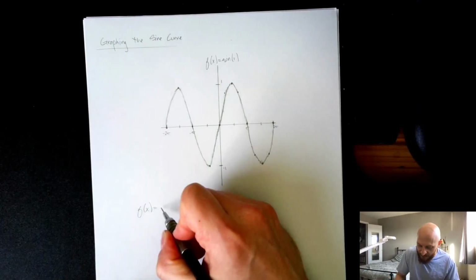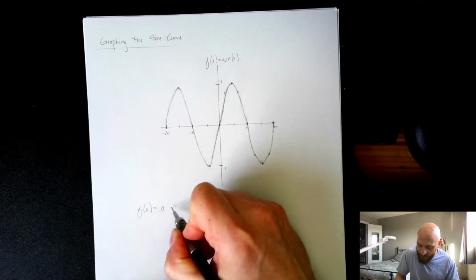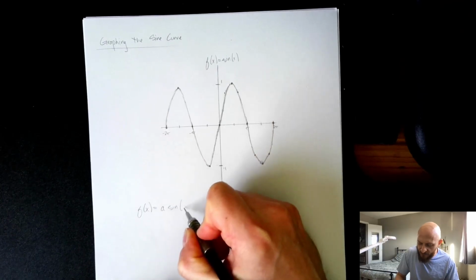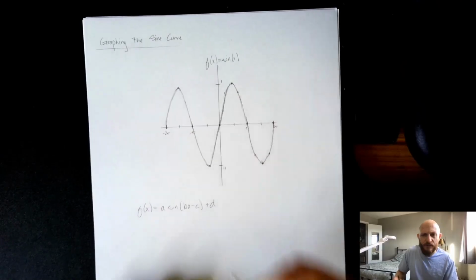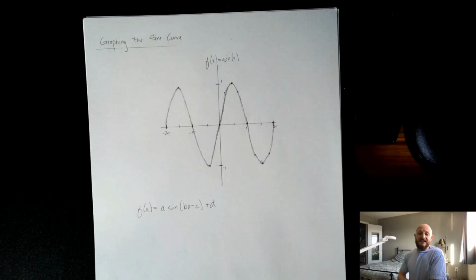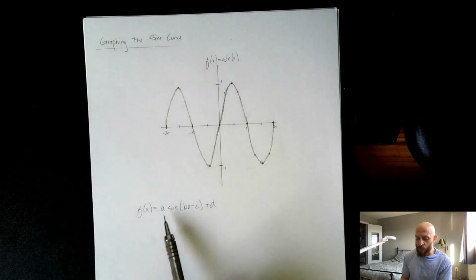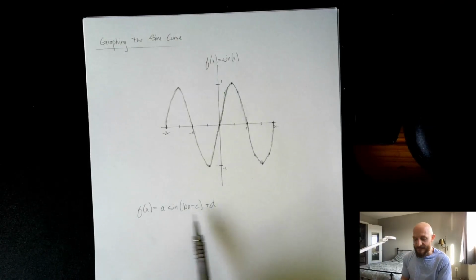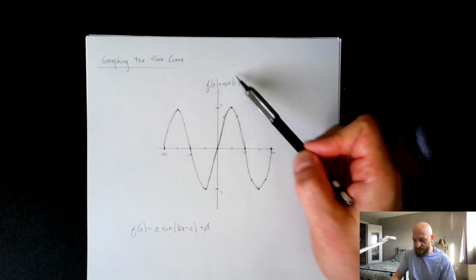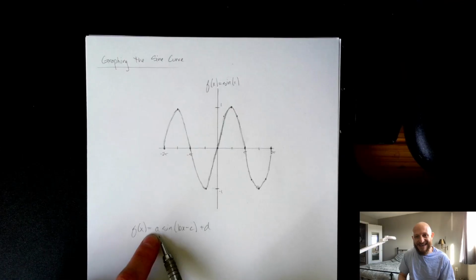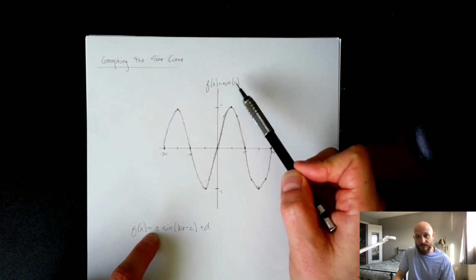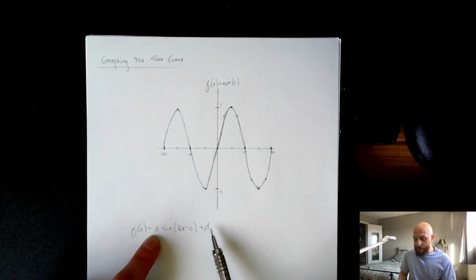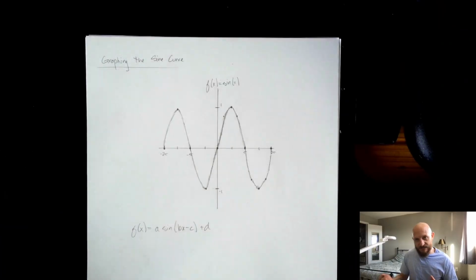Maybe it's just because this is how I learned it myself. f of x equals a sine of bx minus c plus d, where a, b, c, and d are just real numbers. When we manipulate our mother function, sine of x, by adding in some variables, and the variables are here, it's just that they're all ones and zeros at this point, when we change a, b, c, and d, it changes the function itself.